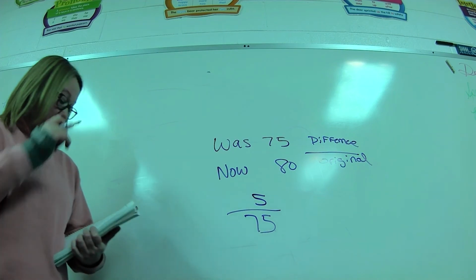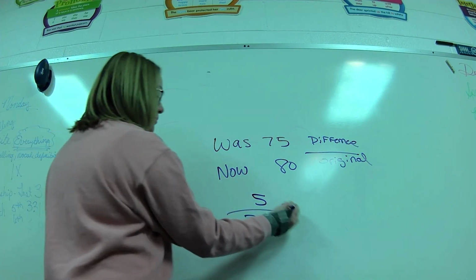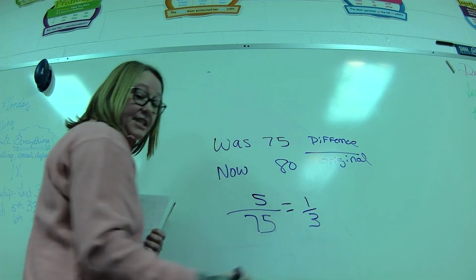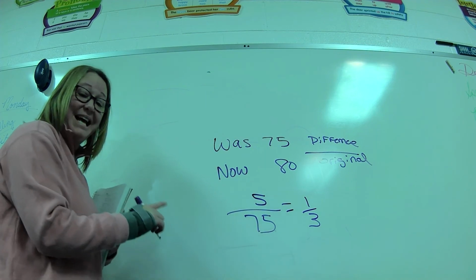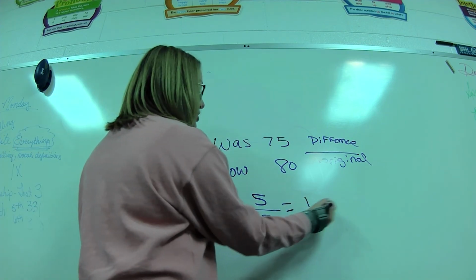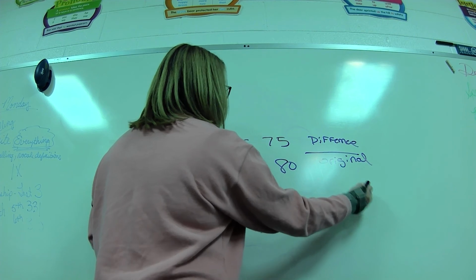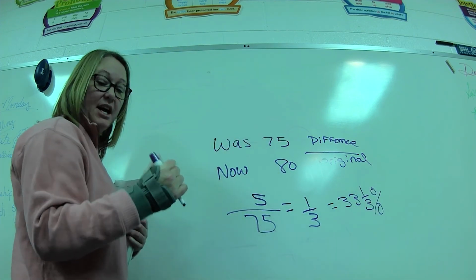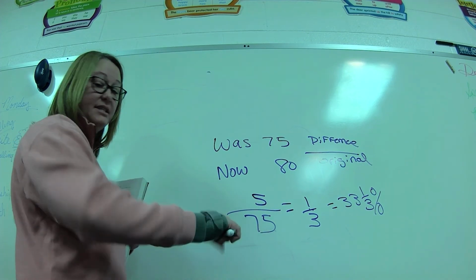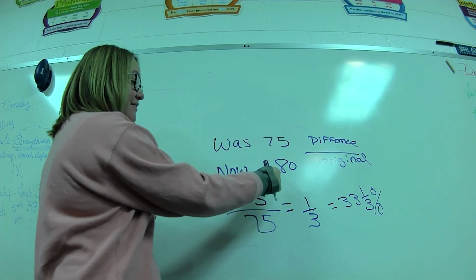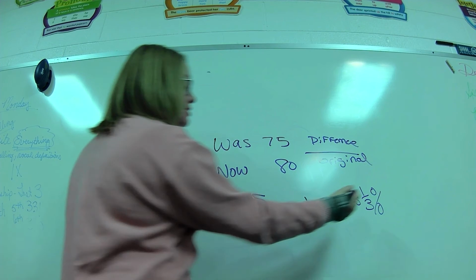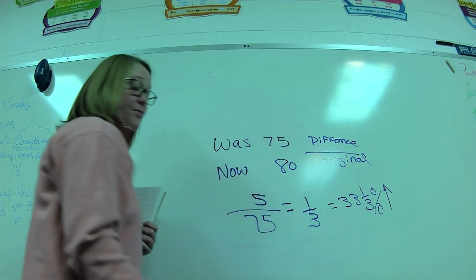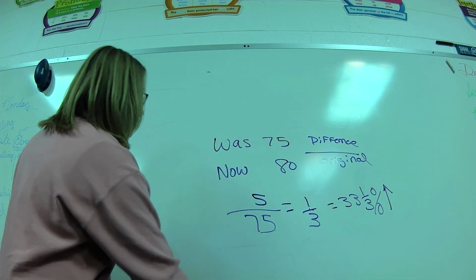That can be reduced to 1/3. But now it's not asking for the fraction, it's asking for the percent. The percent of 1/3 is 33 and 1/3%. Remember, we have to say whether it increased or decreased, but it was 75 and it went up $5, so we had a 33 and 1/3% increase.